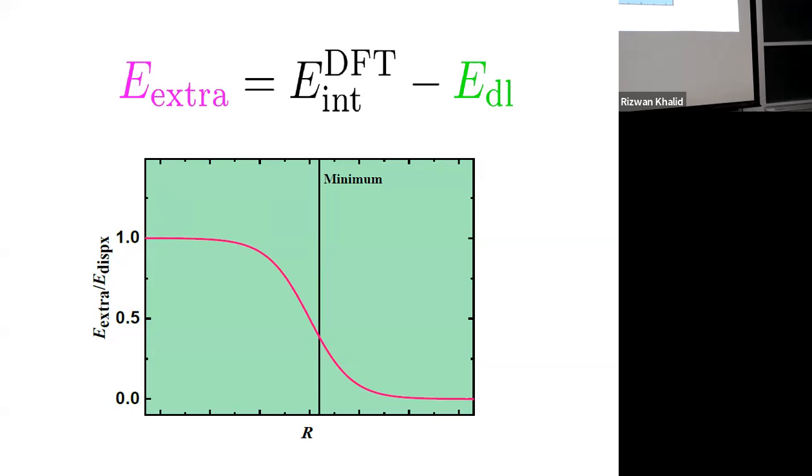When two argon atoms come closer and the charge clouds start overlapping, the exchange correlation holes will overlap, and then the exchange correlation energy will have a non-zero value, and there will be some recovered dispersion energy. That's why we expect this ratio of E extra to E disp to look like this. When atoms overlap too closely, then 100% of the dispersion energy should be recovered by DFT. So this should ideally be the behavior of E extra.